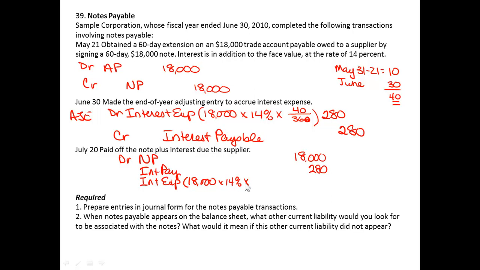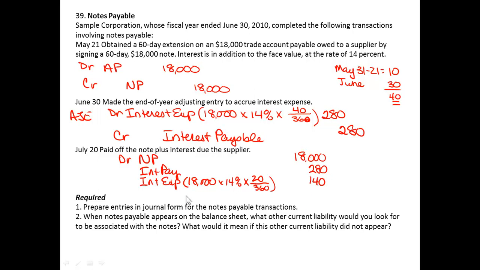So that would be an additional 20 days because it's been 20 days since the end of the year over 360. So the amount of interest expense that I owe is $140.